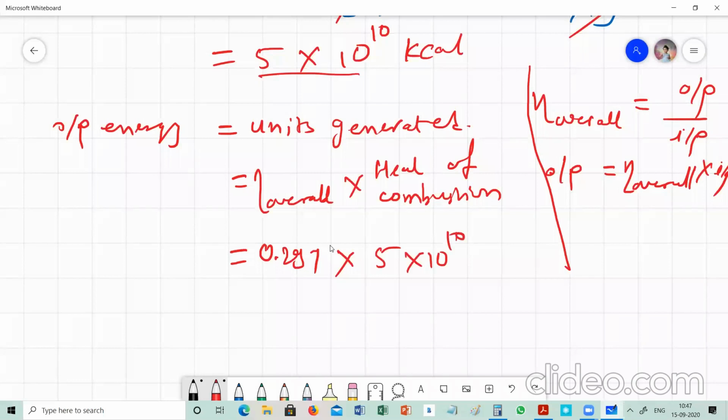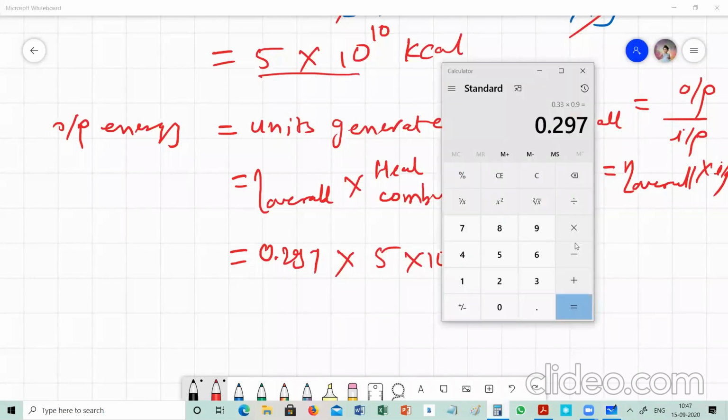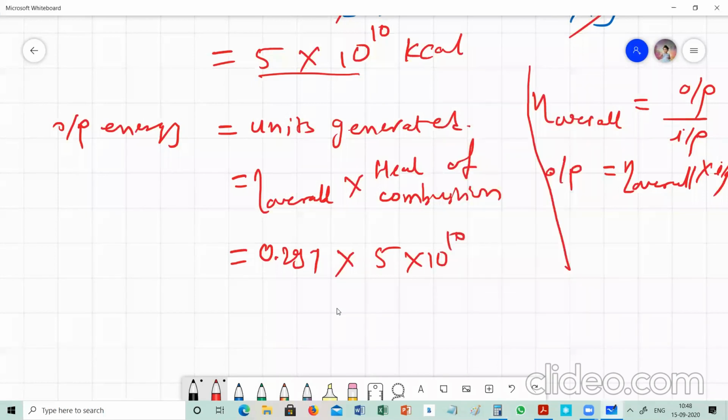We multiply by 5 and get 1.485 into 10 raised to 10. Again, it is in kilocalorie.